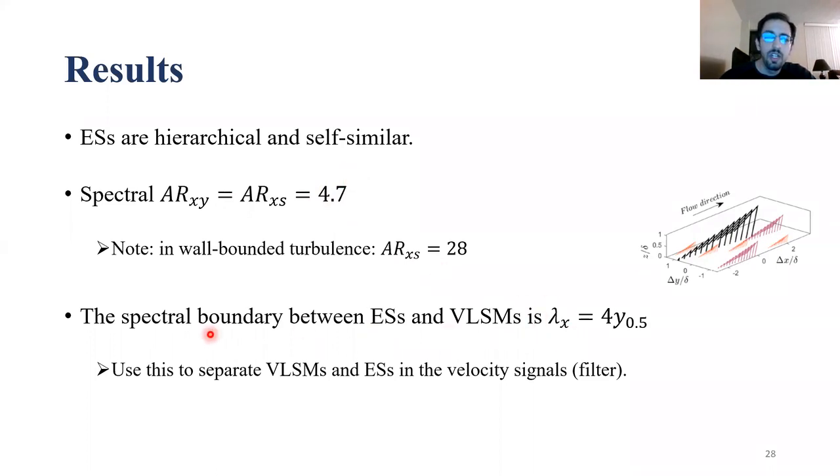And also, with this spectral boundary between the eddy structures and VLSMs, we can form a filter where this wavelength can be used as the filter corner wavelength to separate the VLSMs from the rest of the flow.